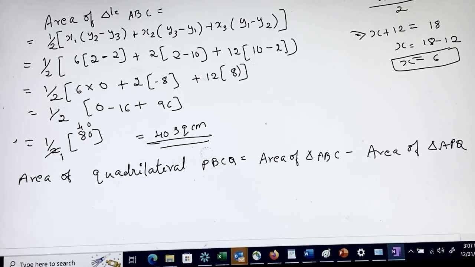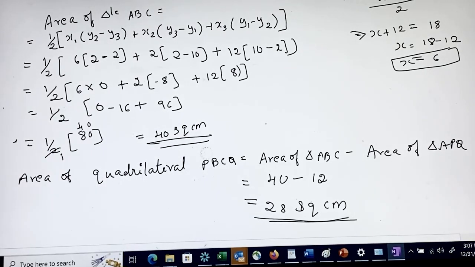Okay, now area of triangle ABC is this value. Have they given? No, they haven't given. So area of APQ is 12 centimeters square, that is they have given. So area of triangle ABC we have found out, that is 40. Okay, minus area of triangle APQ they have given in the question, that is 12. So 40 minus 12 is nothing but 28 square centimeter is the area of quadrilateral PBCQ.